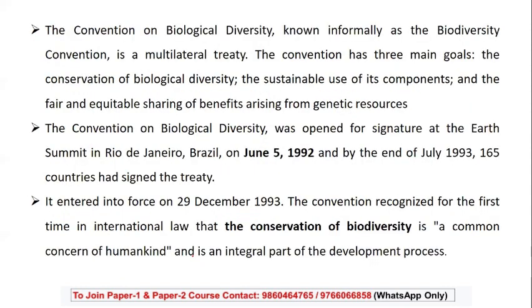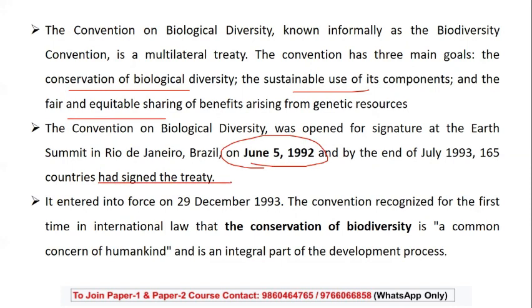Now, the Convention on Biological Diversity is also called the Biodiversity Convention. It's a multilateral treaty. It has three goals, as we have discussed right now: conservation, sustainability, and fair and equitable benefits. It was open for signature at the Earth Summit, that is the Rio Summit, on 5th of June 1992, and by end of July 1993, 165 nations had signed this treaty.